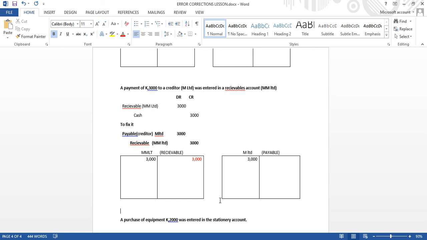Increase on the assets. There's a cash account involved, and I think the other is expense account.